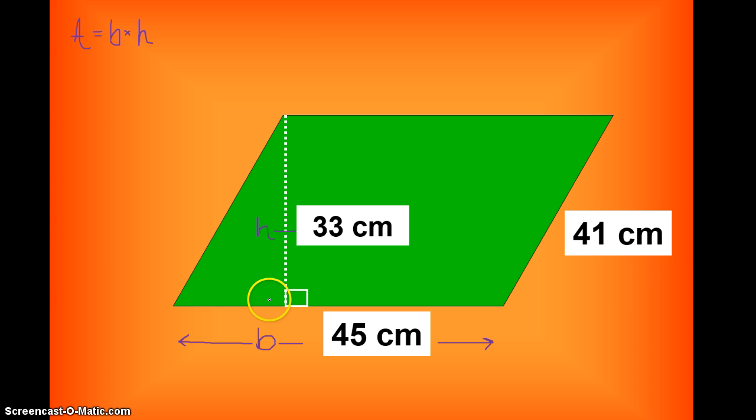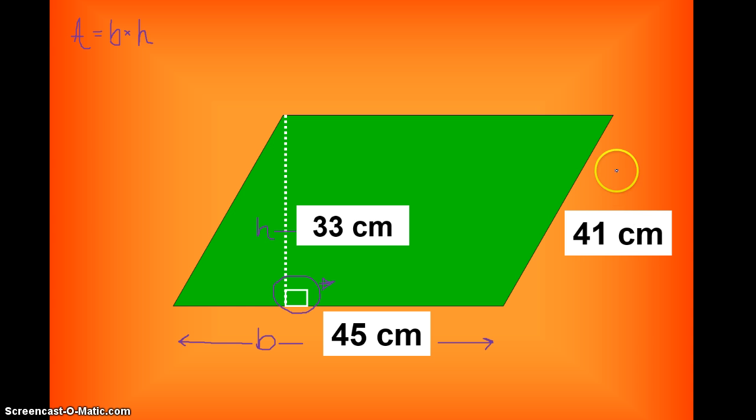So look for that right angle, because that right angle shows you that we have a perpendicular relationship happening. Also, when I think height, I think how tall you are when you're standing straight up on the ground. So that's just another reminder that the base and the height are perpendicular to each other.